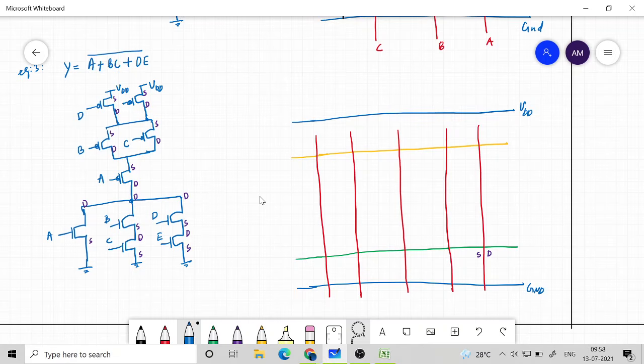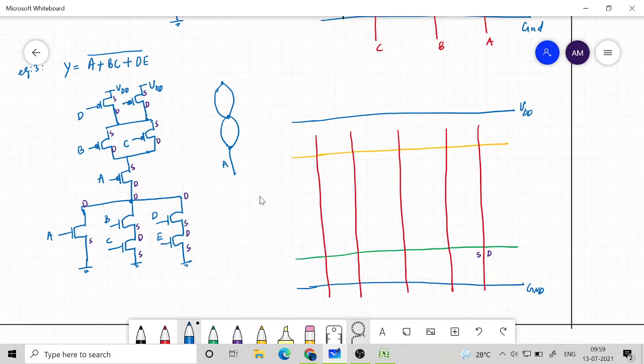For example, if you draw this, you can draw it like this. Then there is a node here, and you have a single one. These are different nodes, and you can name them.